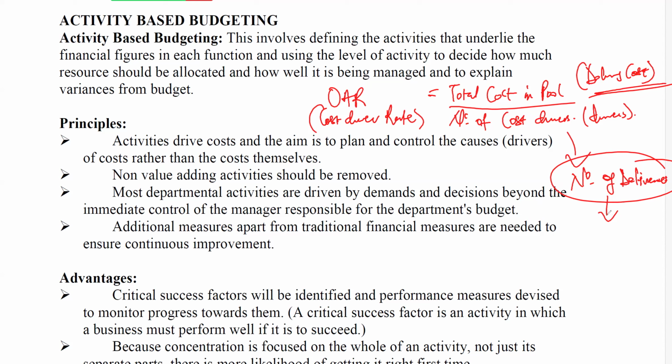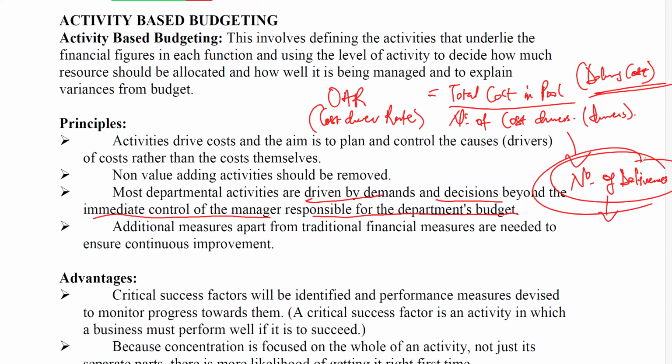So how do we then control these activities? But as part of looking at these things, you also need to know what activities may not be value added, right? So those activities which are not value added must be eradicated. We must delete them, okay? Now, most departmental activities are driven by demands and decisions beyond the immediate control of a manager responsible for the department's budget.